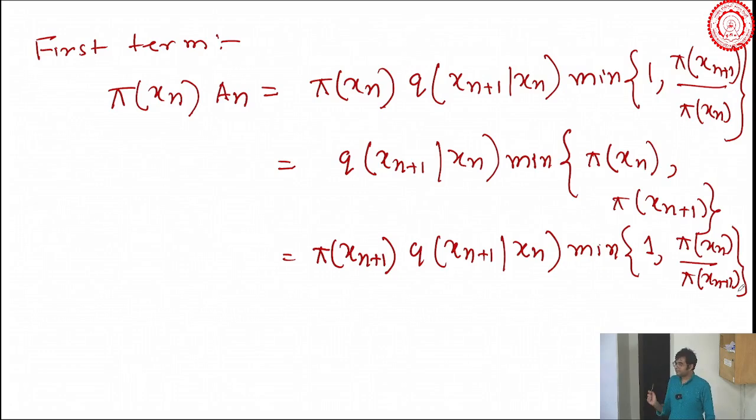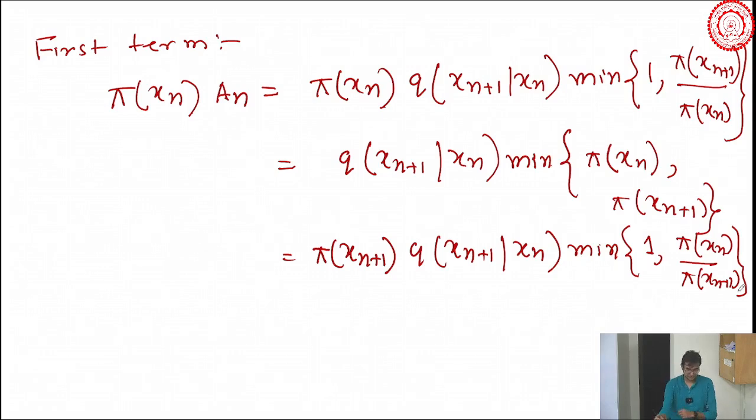Whatever proposal you use has to be symmetric. The Metropolis algorithm is only valid for symmetric proposals. Symmetric means Q of y given x is equal to Q of x given y. So the Metropolis algorithm is only applicable with symmetric proposals.